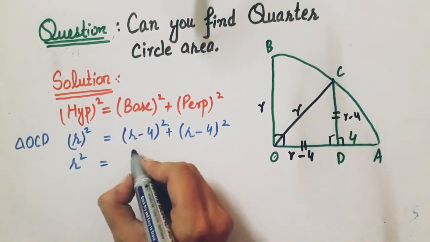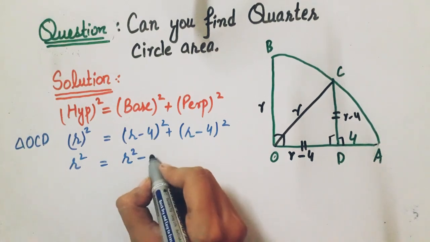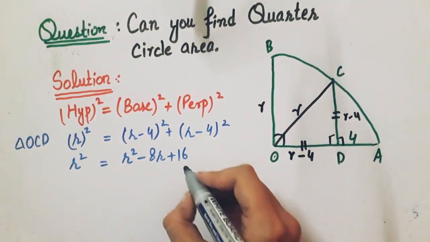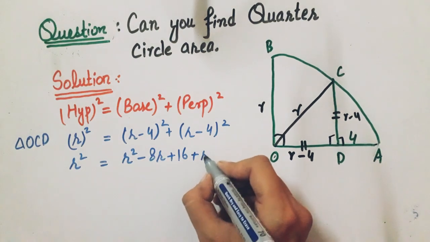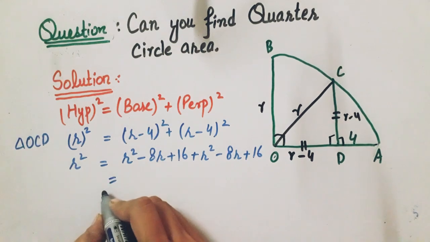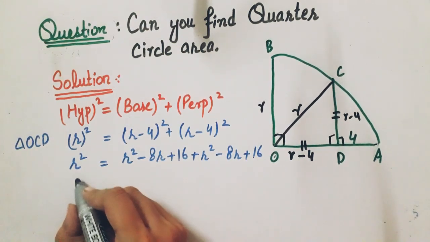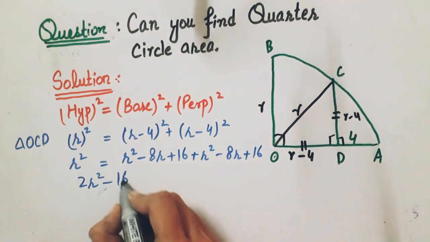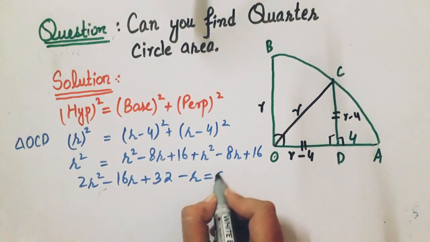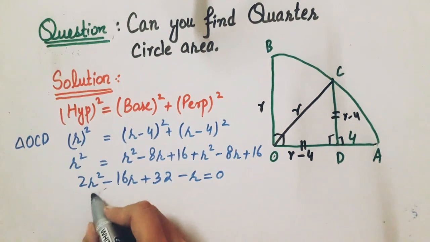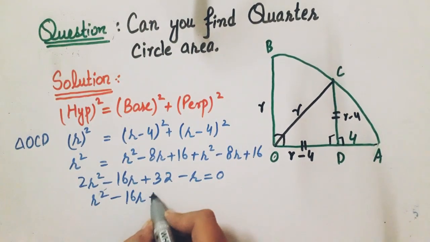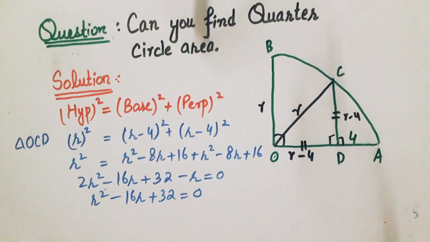R square equals R square minus 8R plus 16, and here we have plus R square minus 8R plus 16. Now we get 2R square minus 16R plus 32 minus R square. So we get R square minus 16R plus 32 equals 0.